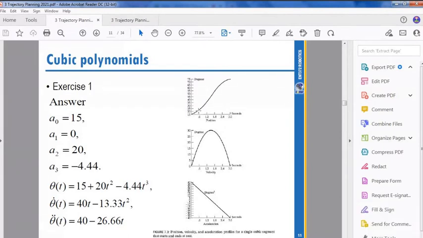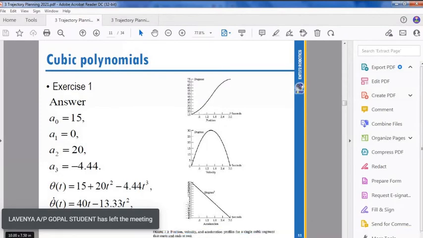Then you can calculate the angle, for example, here. So replace time into this t value, and you get the angle. That's your position. And if you replace the t value here, you will get the velocity value, the angular velocity.